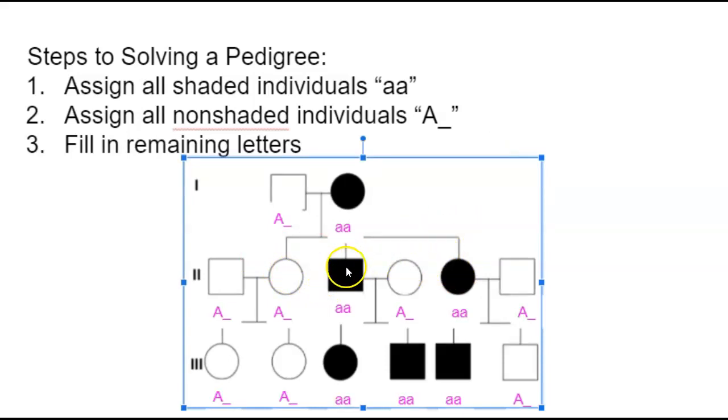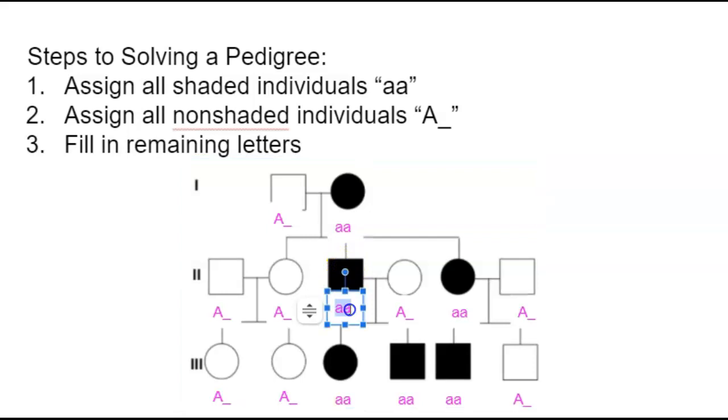All right, and their kids, 2 of them are little a. Well, we know that each kid has to get 1 letter from mom, 1 from dad. So they had to get 1 little a from mom, 1 little a from dad. So we know that dad has to be big A, little a, because he's got to give a gene to the kid, right? He has to be able to give a little a here for that person to have cystic fibrosis.